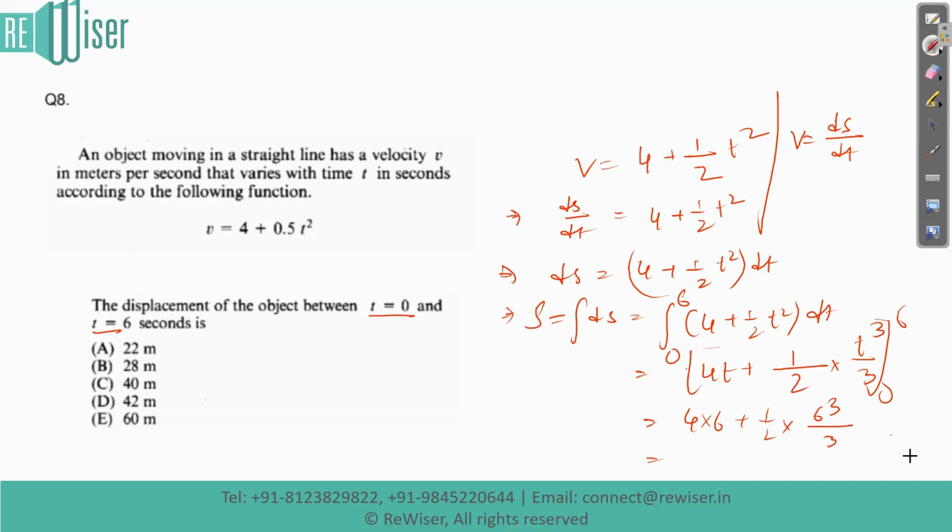So 4 into 6 is 24, plus 6 cube divided by 6, which is 36. So 36 plus 24 is 60. 60 meters is the answer. So option number E is the correct answer.